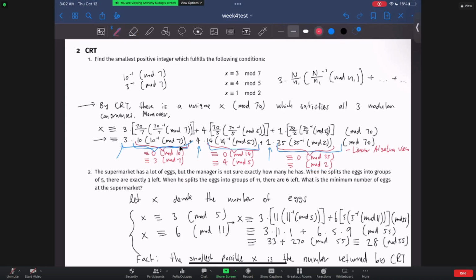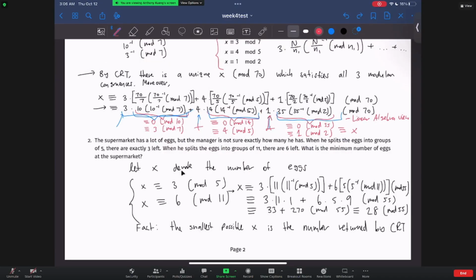And the third term gives us a number that is, well, we scaled it by 1 here, so it's 1 mod 2. And if we add these three numbers together, we end up getting a number x that indeed does satisfy all three of the modular congruences above. So that's just an intuitive view on why the Chinese remainder theorem works.